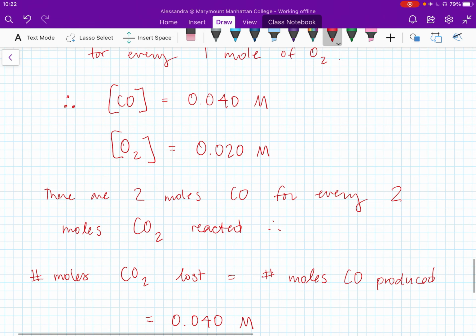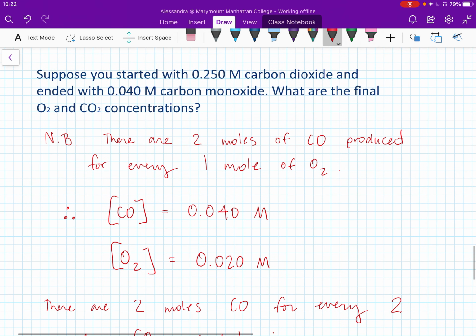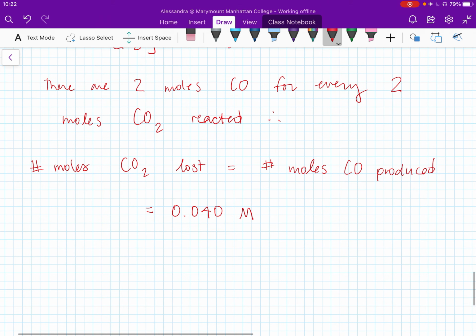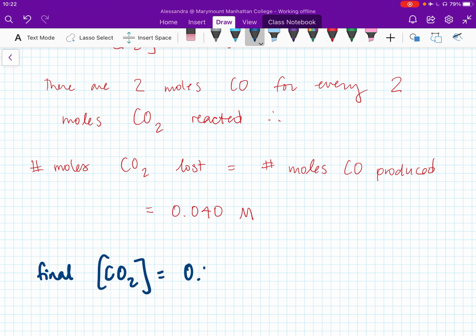So we were asked not only for the O2 concentrations, but we were asked to find the CO2 concentration. And we know that we started with 0.250 molar carbon dioxide. So that means that the final carbon dioxide is going to be equal to what we started with, 0.250 molar, minus the amount that we lost, 0.040 molar.